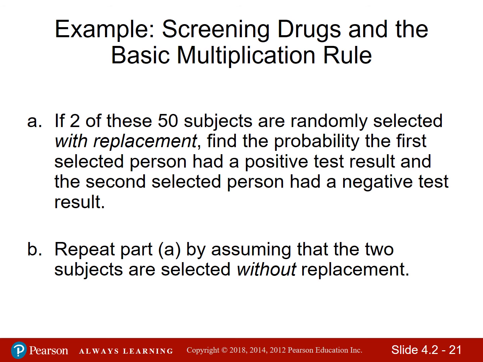Now, part B, repeat part A by assuming that two subjects are selected without replacement. When you say without replacement, if you pull one out, you don't replace it.